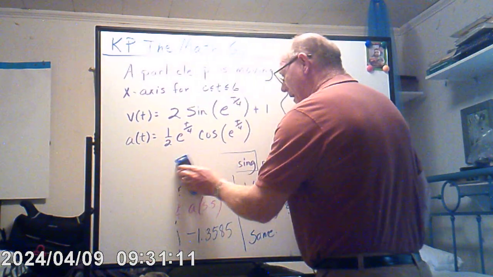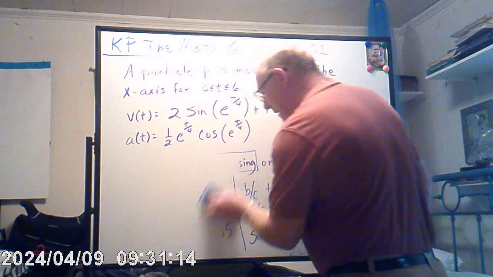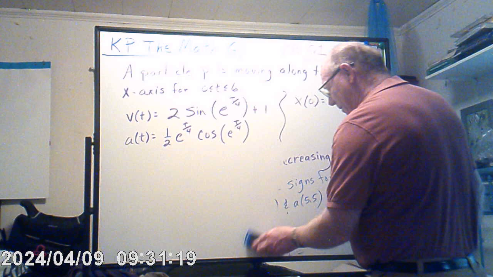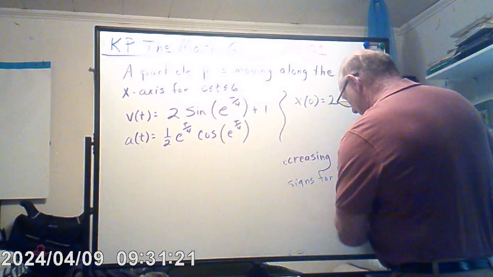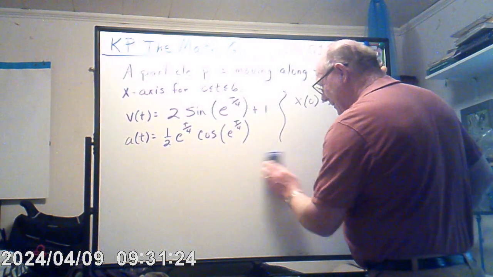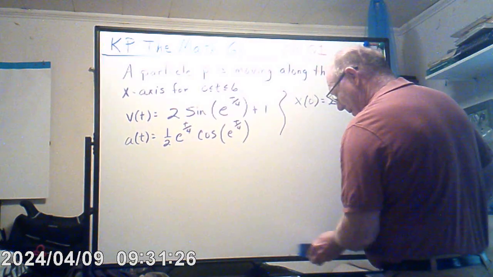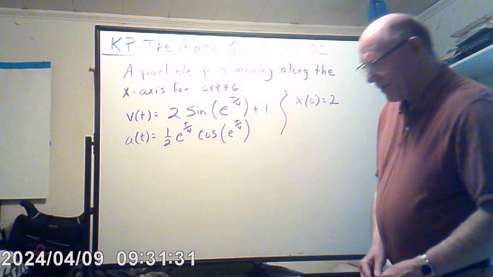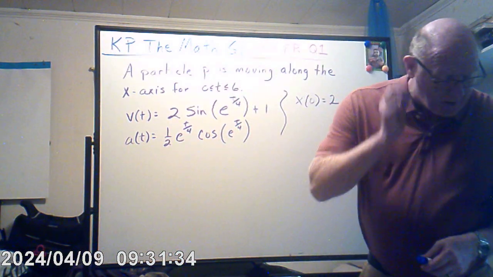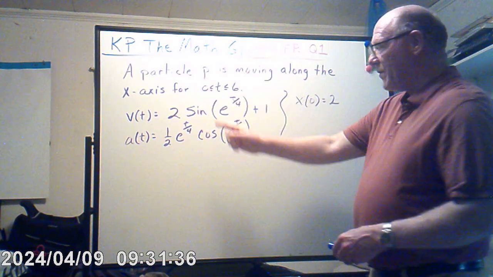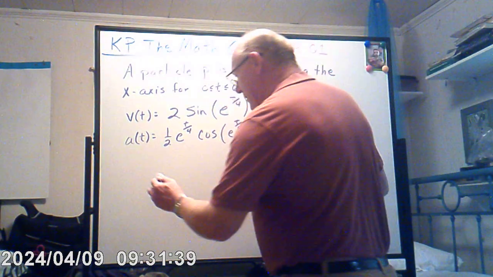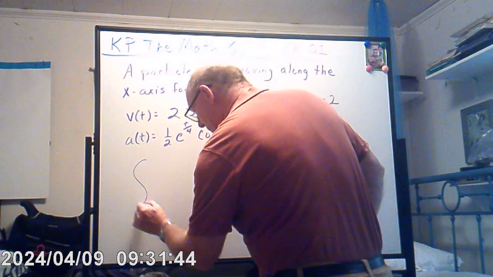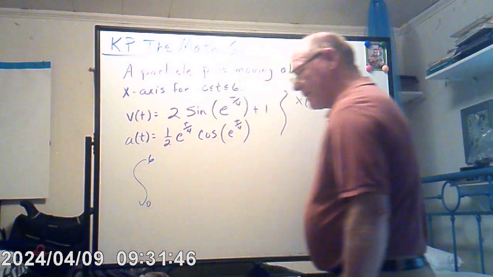Now, I actually wanted to do just D. I'm just going to set it up for you, or maybe you could help me set it up. I'm actually wanting to do D, but I'm going to quickly go over B and C. It says average velocity on this time frame, 0 to 6.